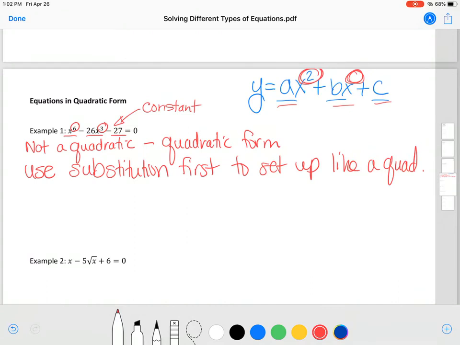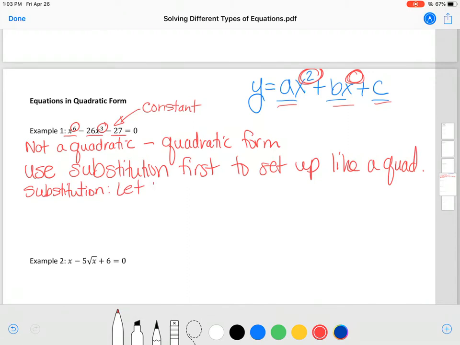Okay, so I want my first term to be x squared or something squared so it looks like a quadratic. So I'm going to do a substitution. You can use whatever letter you want, but it's historically known that a lot of people use u for this.